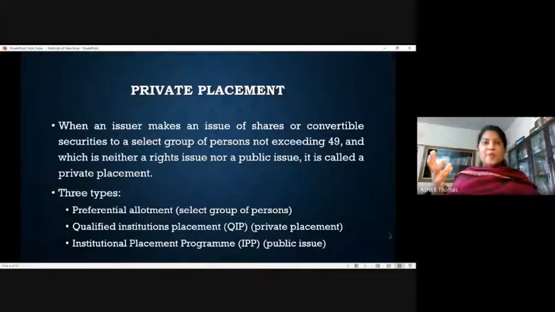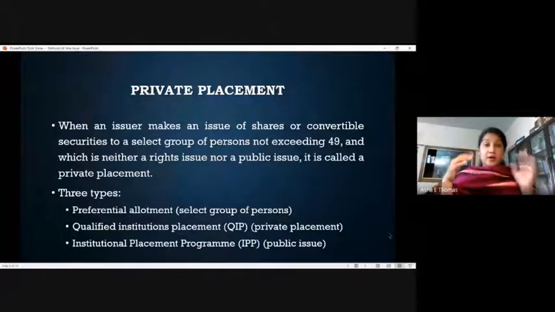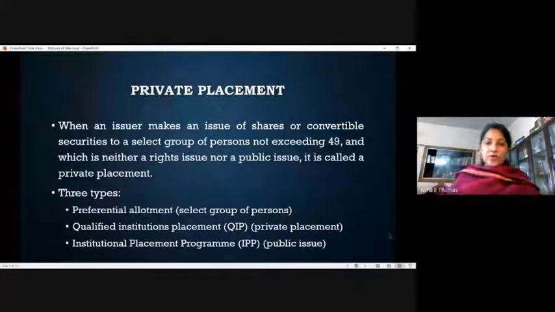A larger group of people are being offered it, but still it's not open to everybody. Anybody who wants cannot take up this offer. There is a limitation with respect to this offer, but it has more coverage than QIP.